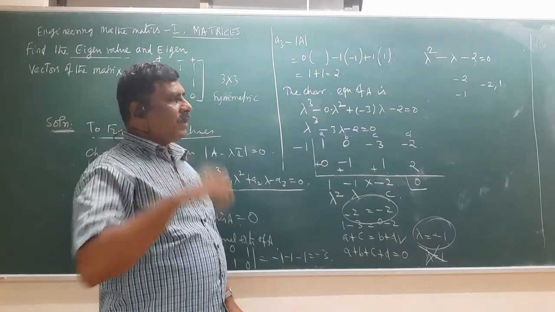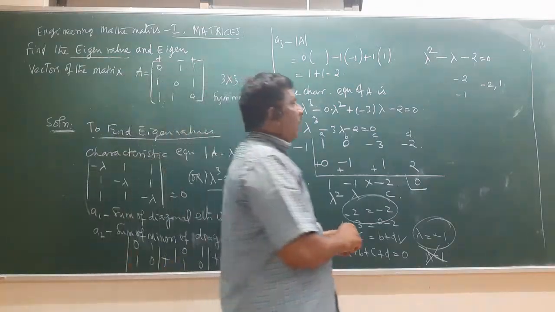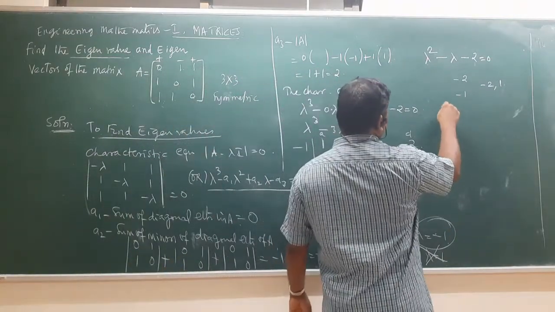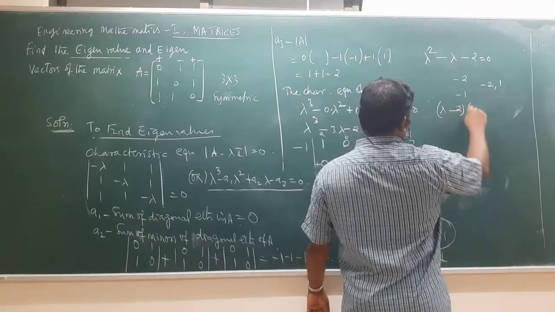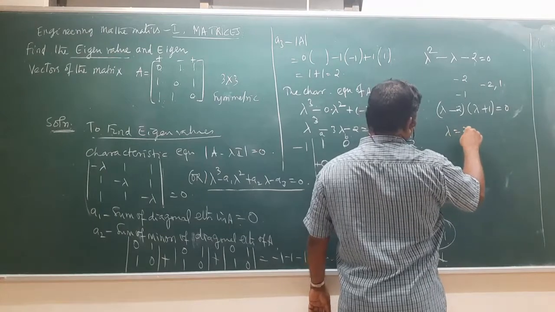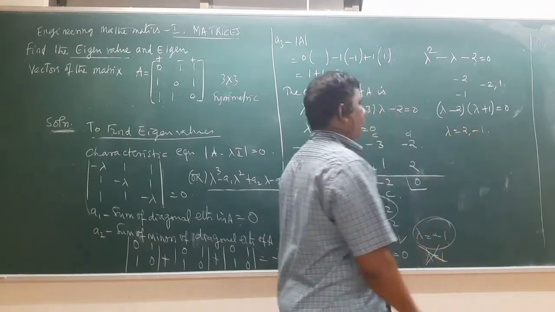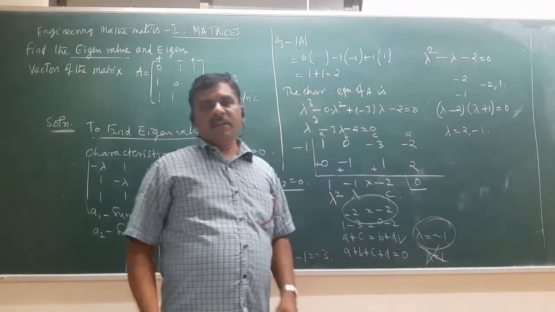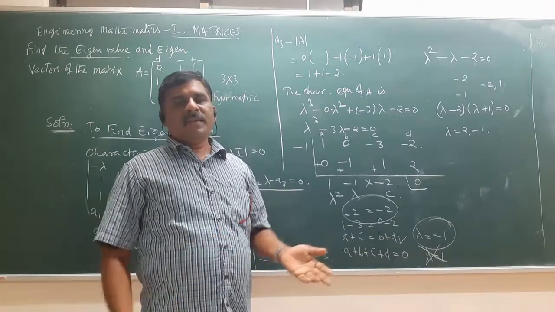Minus 2 comma 1 are the two values. Therefore, how can you write that? Lambda minus 2 and lambda plus 1 equal to 0. Therefore, lambda equal to 2 comma minus 1. What is the next step?